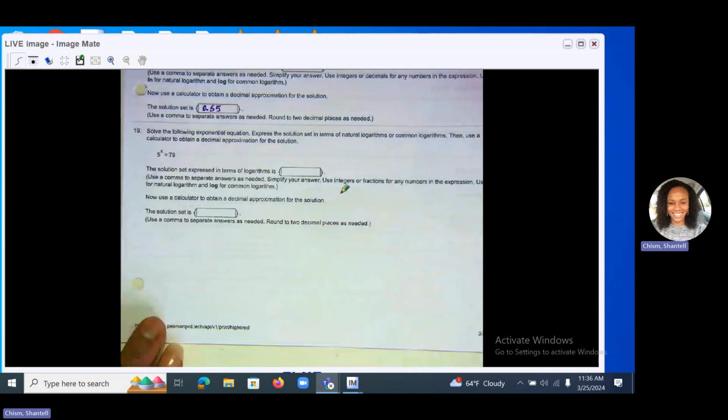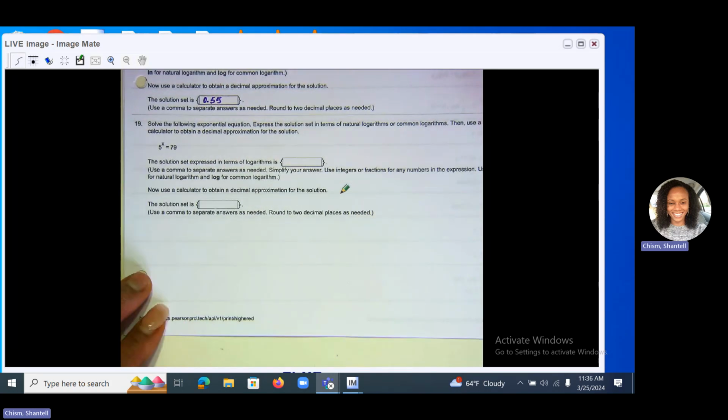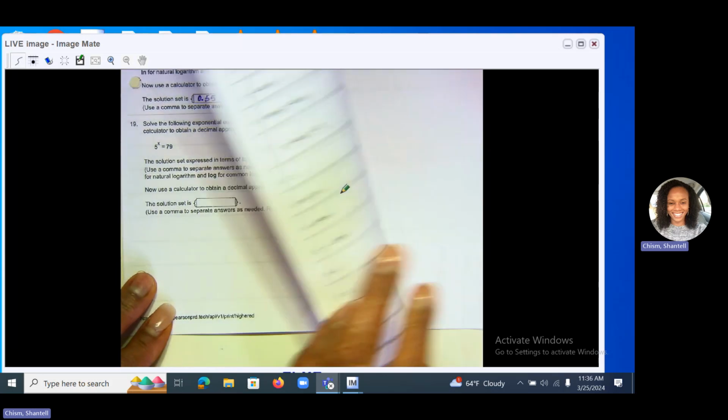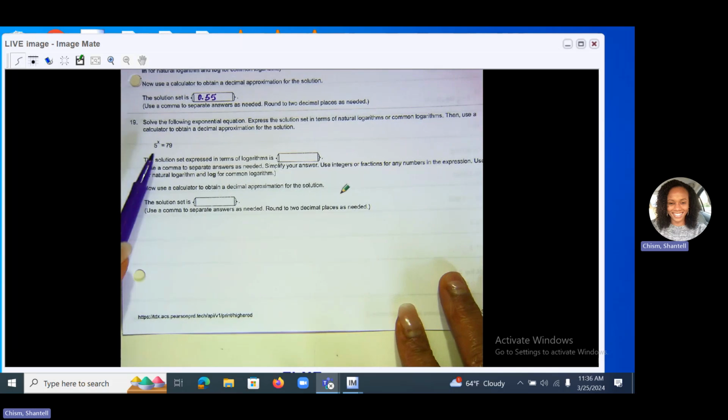Okay? One more example here, number 19. 5 to the x equals 79. Again, this exponential part is by itself already. There's nothing you can do to it per se. In a perfect world, if we could, we would express 79 with the base of 5, but there's no way we can do that.